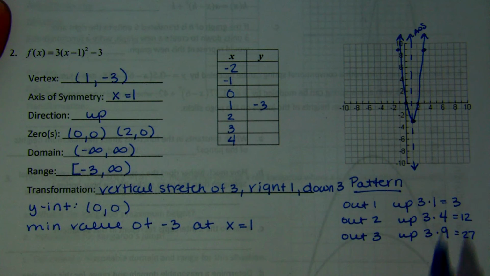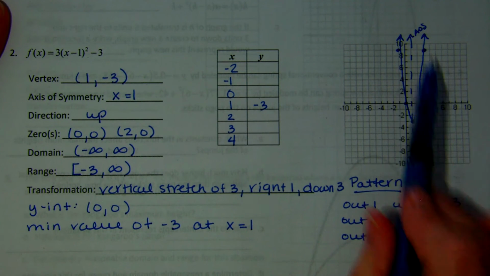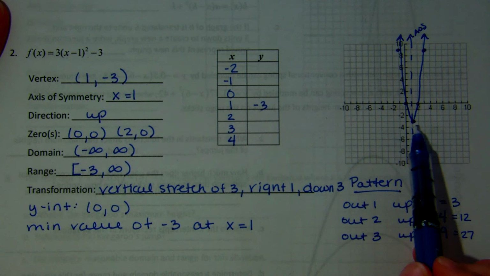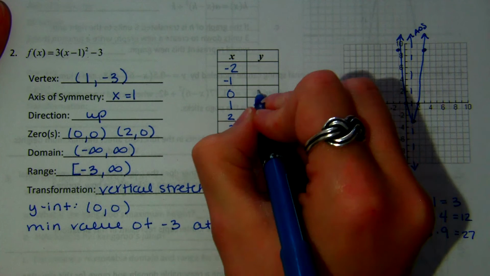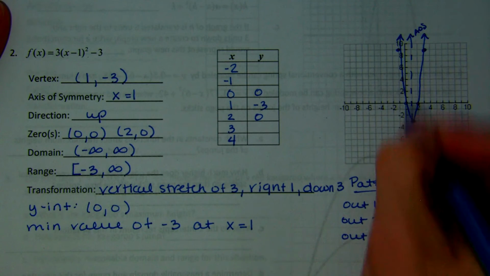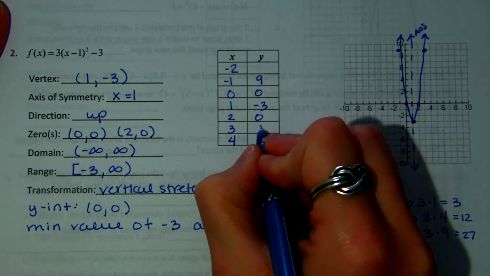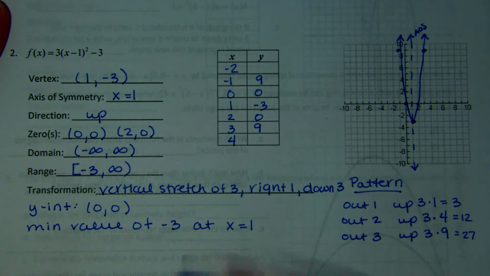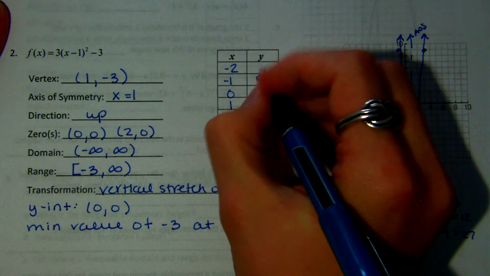Now I still need to fill in my table, and we fill in the table from the points that we've graphed here. At 0, my y value is at 0, as it is at 2. At -1, my y value is 9, as it is at 3. And then that 27, if we start at -3 and go up 27, we end up at 24.